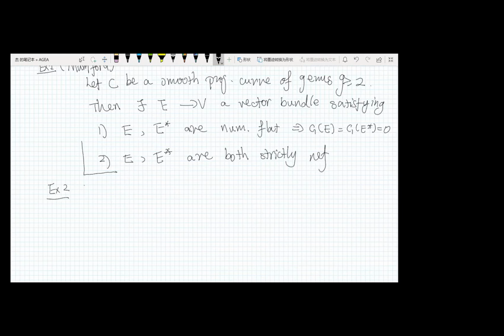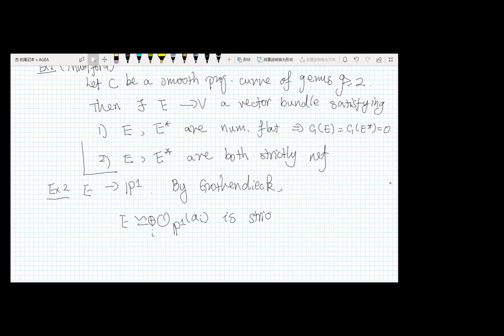If you consider a vector bundle E over the projective line P1, by the theory of Grothendieck, you can write E as a direct sum of line bundles over P1, and E is strictly nef. So this just means all the a_i are positive, which means in fact E is ample.